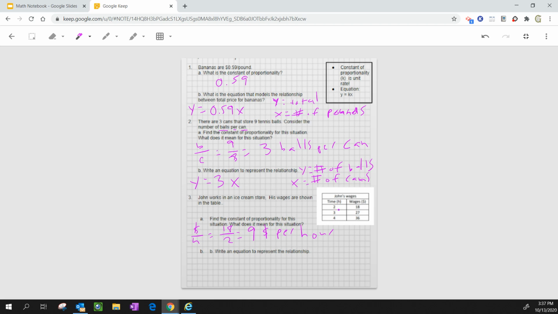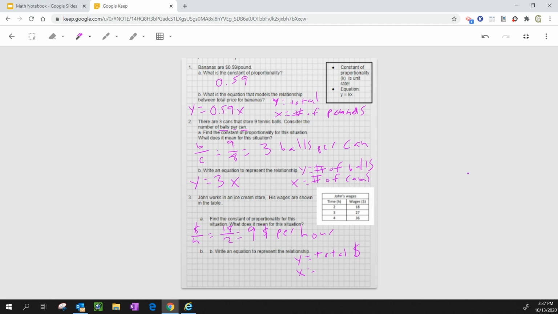Like the table tells us, when he works 2 hours, he gets $18. If he works 3 hours, he gets 27. If he works 4 hours, he gets 36, and so on and so on. So if we write this equation here, we know our total, our y there, is going to be his total money that he takes home.